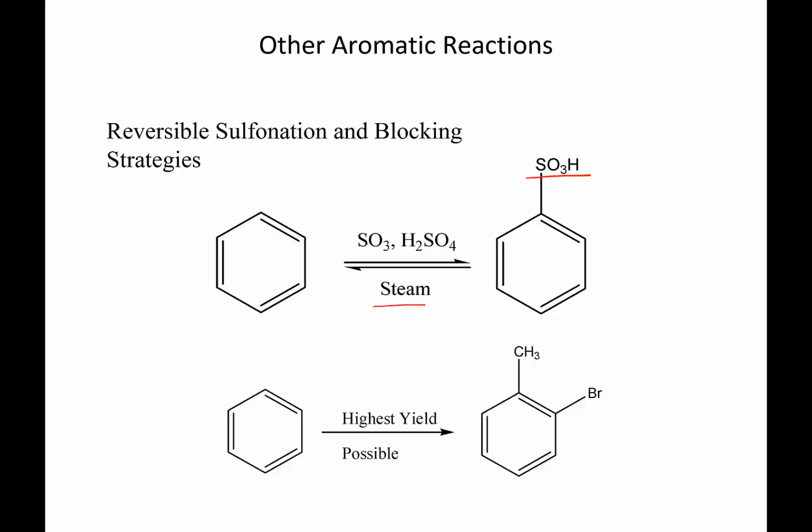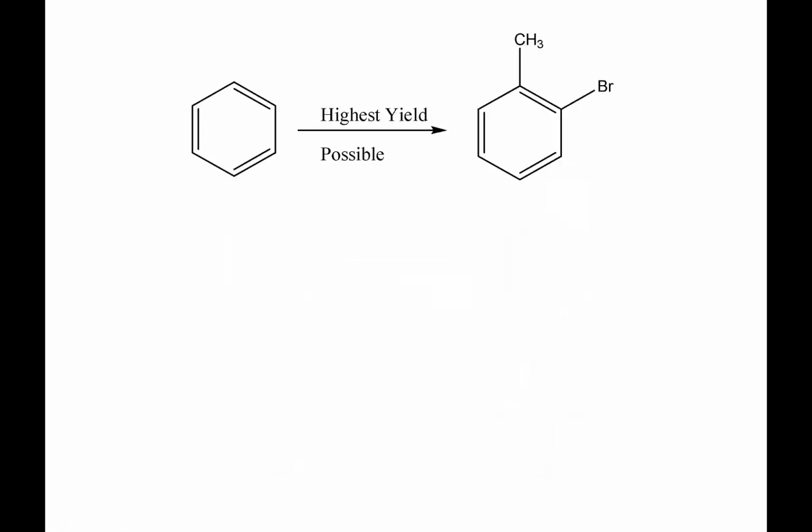So for instance, here's the example I'm going to use. You could say I'm in the lab and I want to be as environmentally friendly as possible, or I'm in industry where if I'm not quite environmentally friendly, my company's going to go out of business. So somebody says, hey, I want you to turn benzene into orthobromotoluene. And so we might go to the lab and say, well, how am I going to do that?